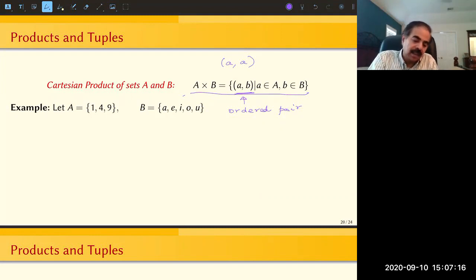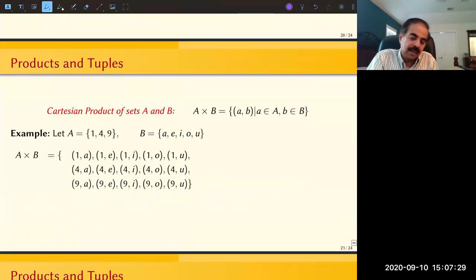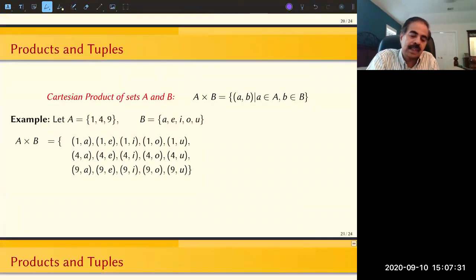And in fact, if you take two example sets here and try to compute the Cartesian product from this definition, then this is what you will get. Basically it says take any element from the first set, and then take any element from the second set and put them together in a pair.